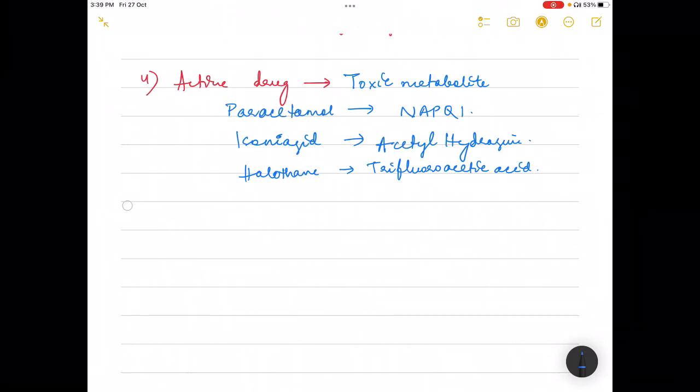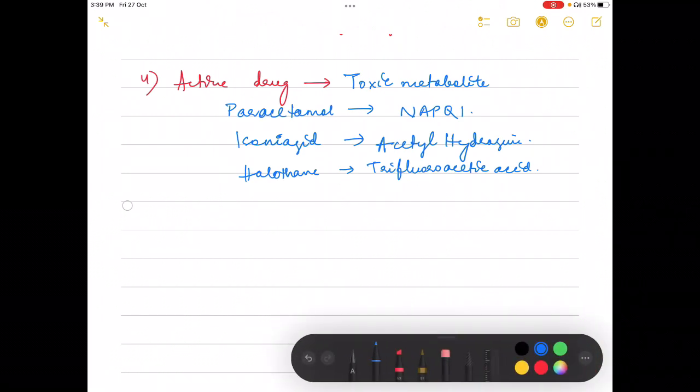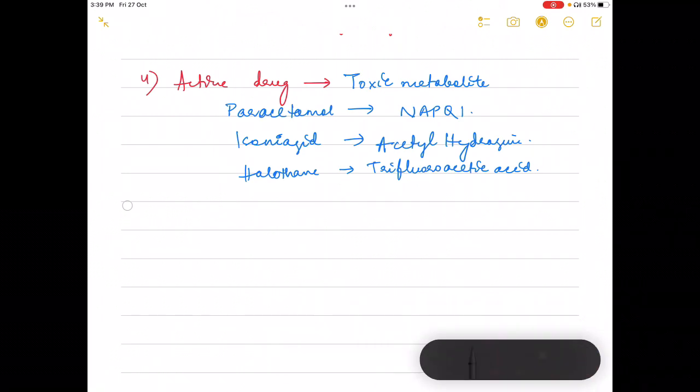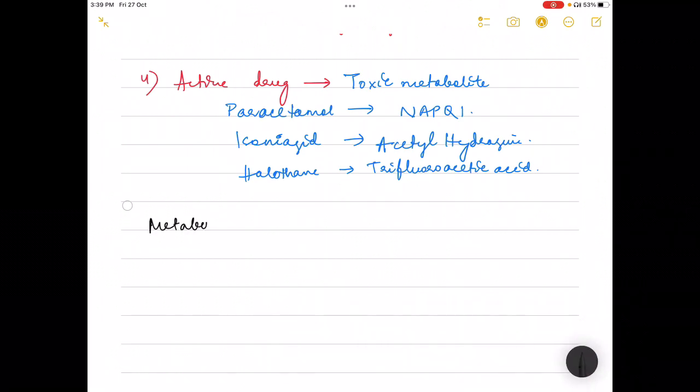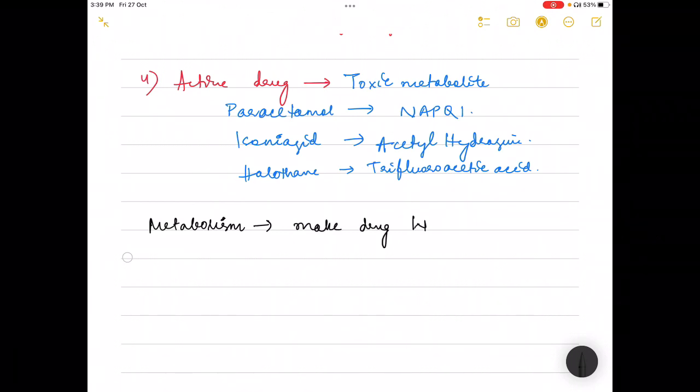So what is the main purpose of metabolism? The main purpose of metabolism is to make the drug water soluble.